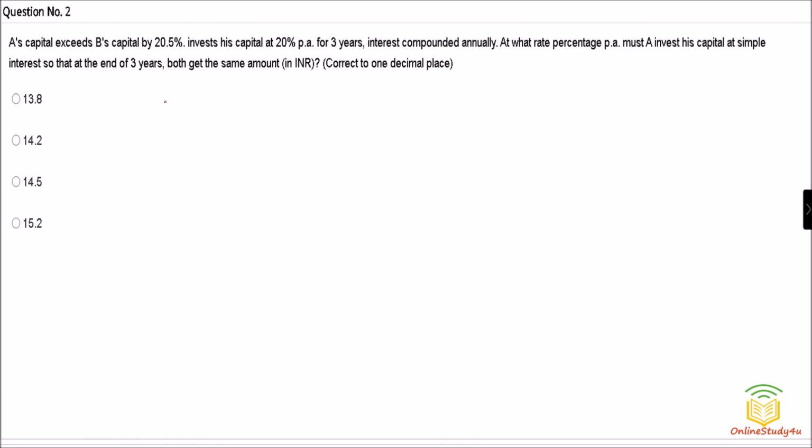So friends, the next question is on simple interest and compound interest, and I will say this question is also a very good question, because here you will find a little bit of calculation, but understanding the concept will be very, very important. So A's capital exceeds B's capital by 20.5%. So friends, I will assume B's capital is 100. Sir, again you are not assuming X, because X will complicate your problem.